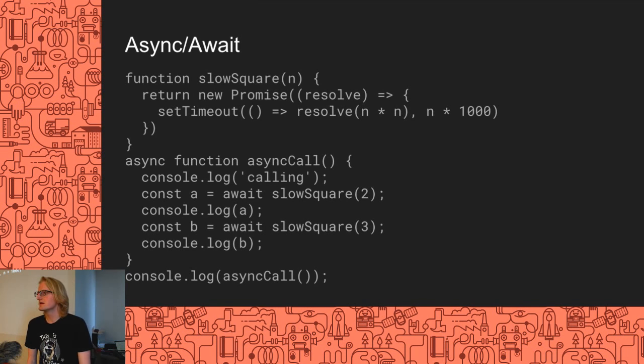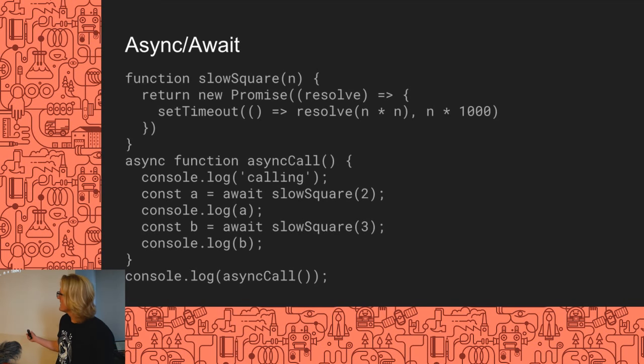Exactly, yeah, it is a lot cleaner. You can pretty easily transpile code that uses async and await into promises, but you can't just pass them into a browser that doesn't know about them. But yeah, they are just syntactical sugar on top of promises.